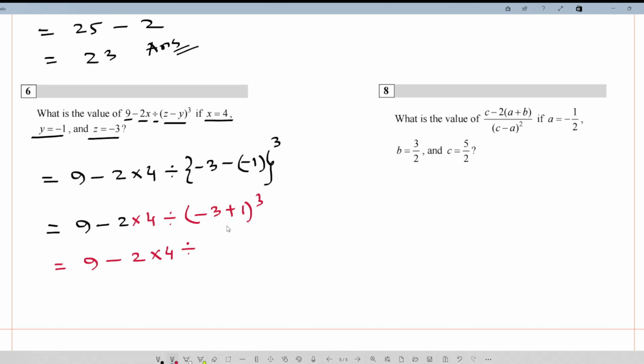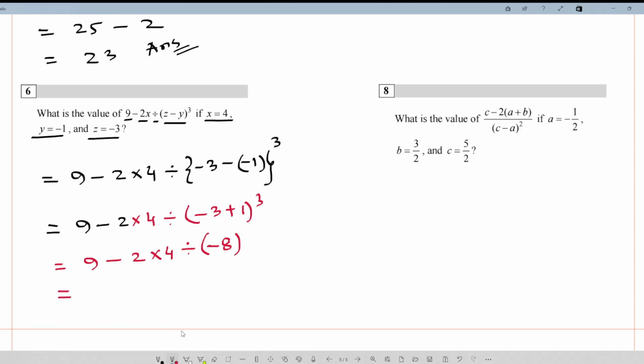It means minus 2, right? Minus 2. So minus 2 whole cube, it means minus 8, right?